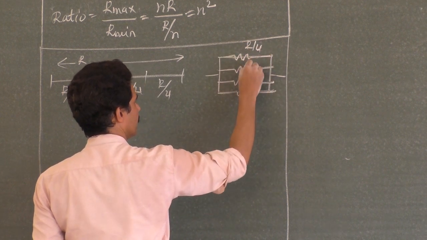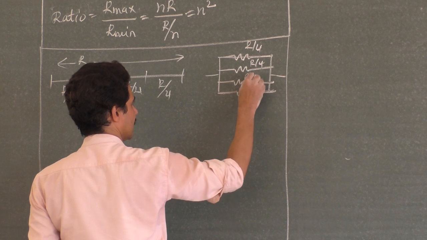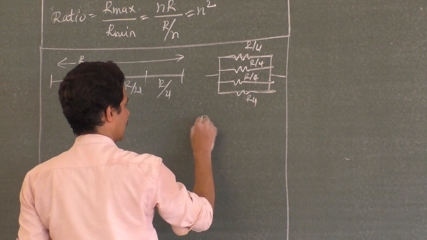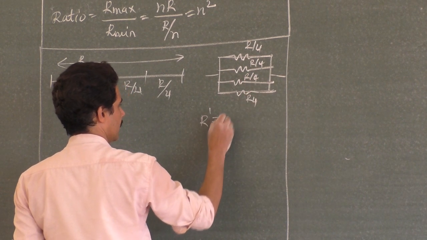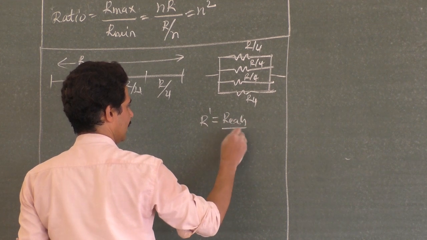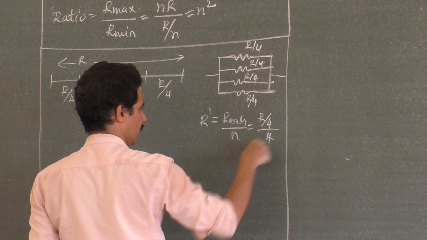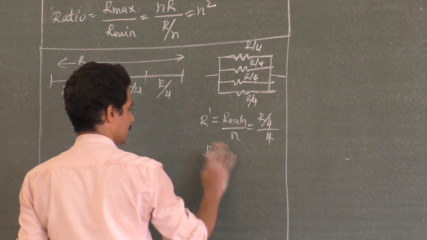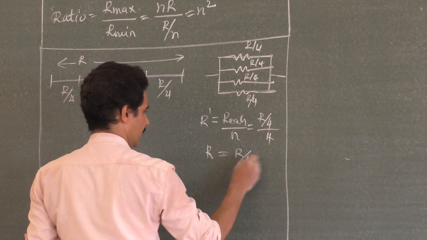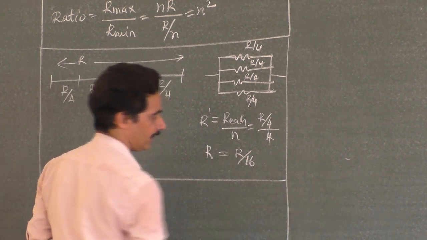So each one is R by 4. So what is the equivalent resistance? You know that R dash is equal to R each by N. Each R is R by 4, by N which is 4, R dash is R by 16. That is the answer. Do you have R by 16? Yes, that is the second option.